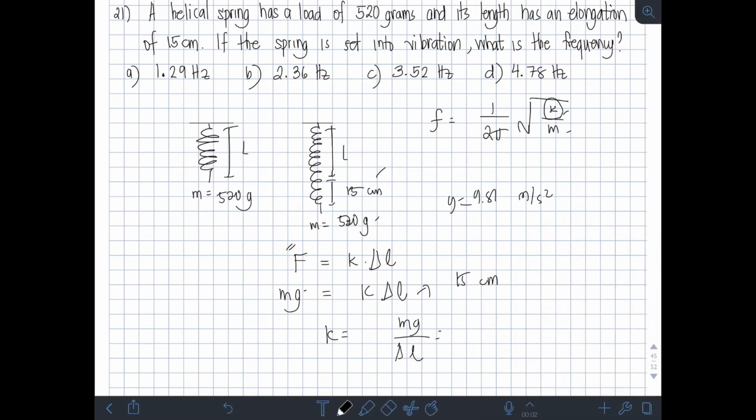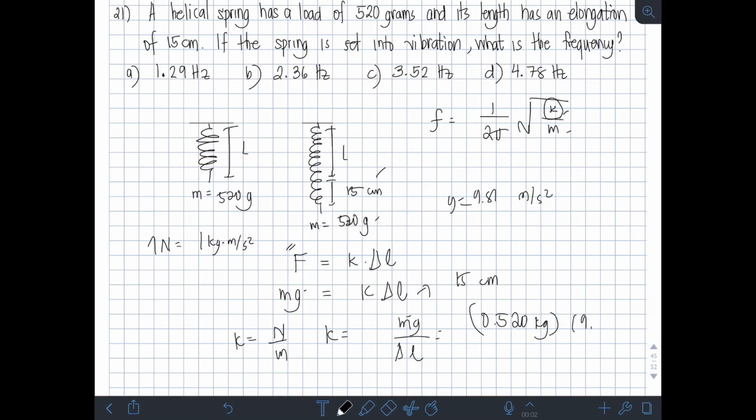Ngayon, para consistent tayo sa unit, so yung unit natin ng k is dapat Newton per meter. So, itong mass, gawin natin kilogram, kasi ang 1 Newton is equal to 1 kilogram meter per second square. Right? So, yung 520 grams magiging 0.520 kilogram.